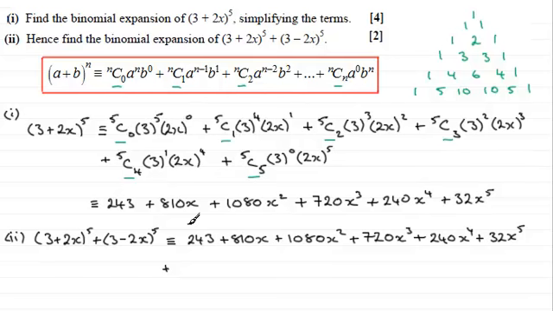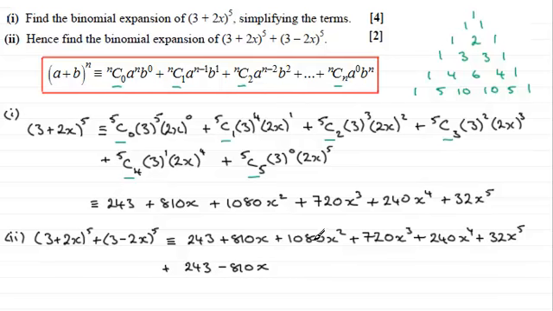So we're just going to get exactly the same value as we had here, 243. However, when we get to the second term here, this is going to say minus 2x to the power 1, which is going to be minus 2x. We're going to get negative 810 instead of plus 810. So that's going to be minus 810x.